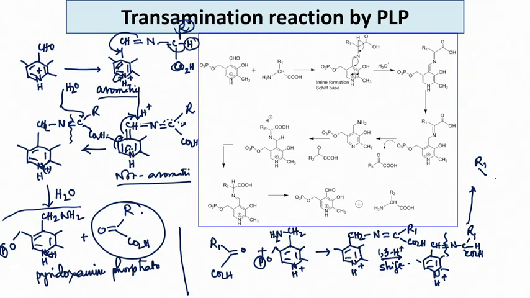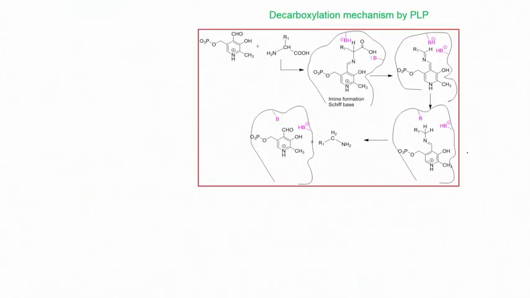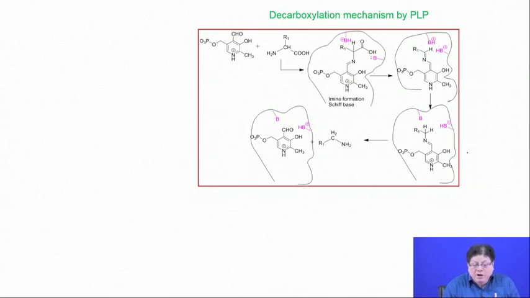So, R1 CH CO2H and the NH2. But since it is an enzymatic reaction, it is a kind of asymmetric synthesis. So, you finally get only the L configured compound, because enzymes are chiral reagents. So, that is the mechanism of transamination.